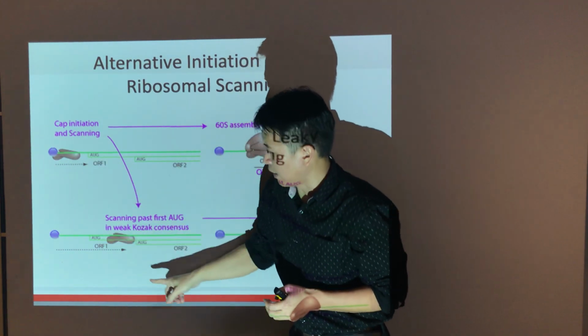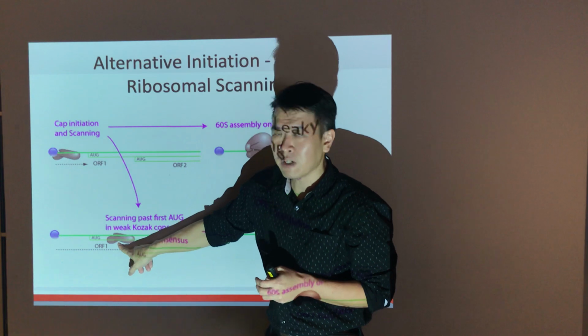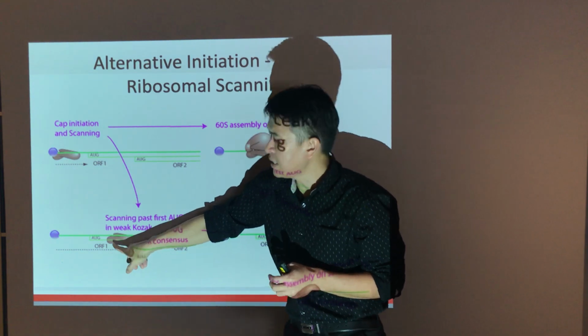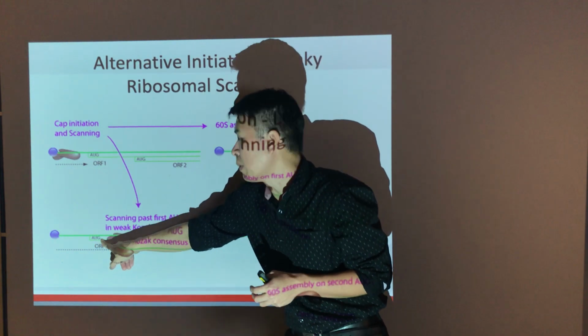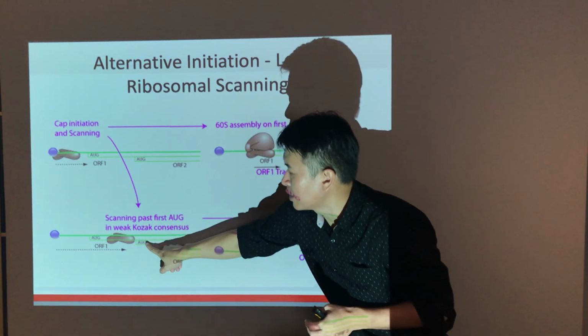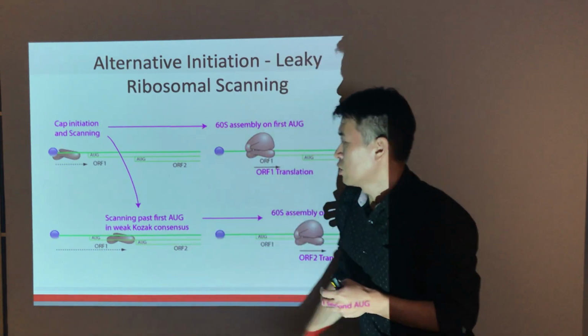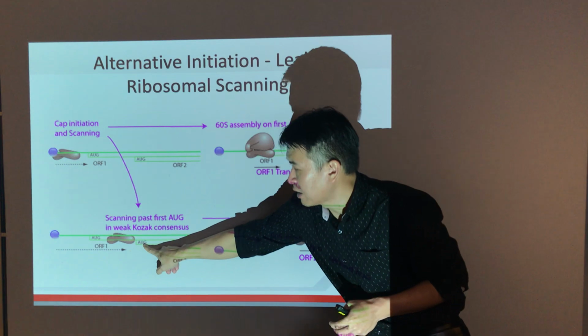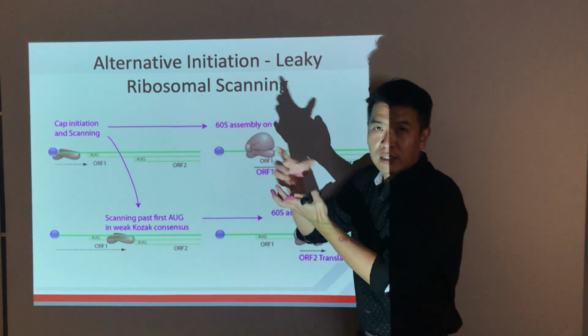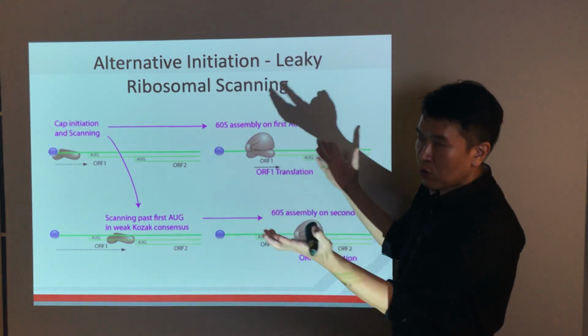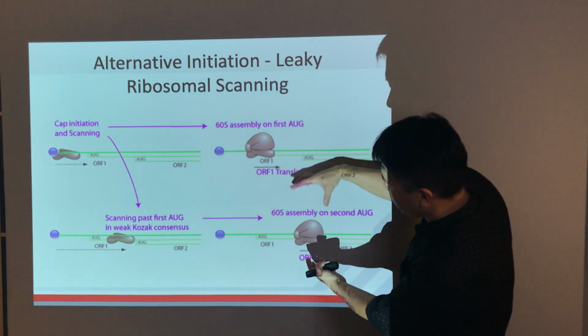So during this scanning, the 43S pre-initiation complex misses the first AUG, but rather goes to the second AUG. When they see the second AUG, the same process goes on and dissociates all the EIF, and the ribosome binds to it.